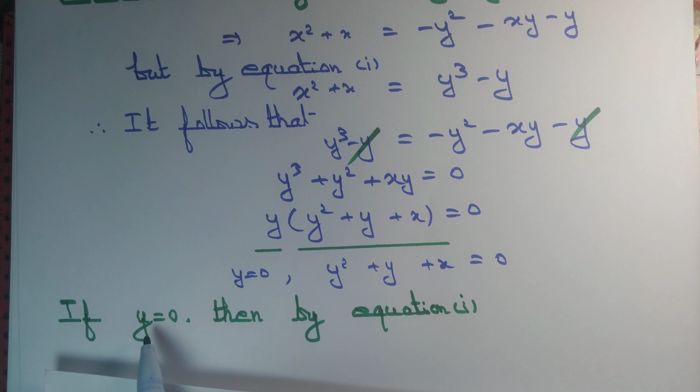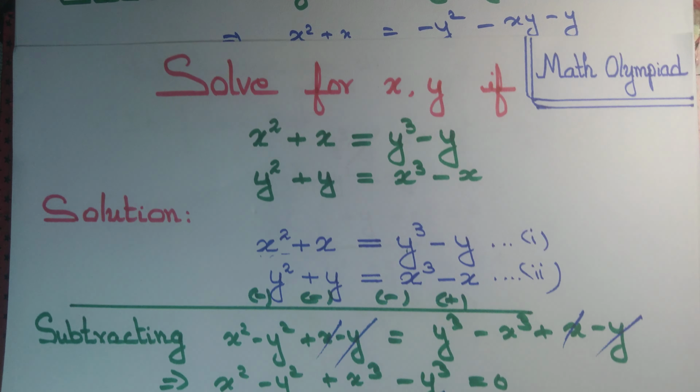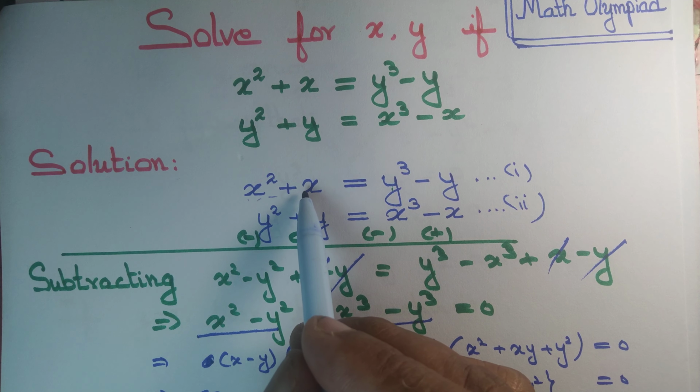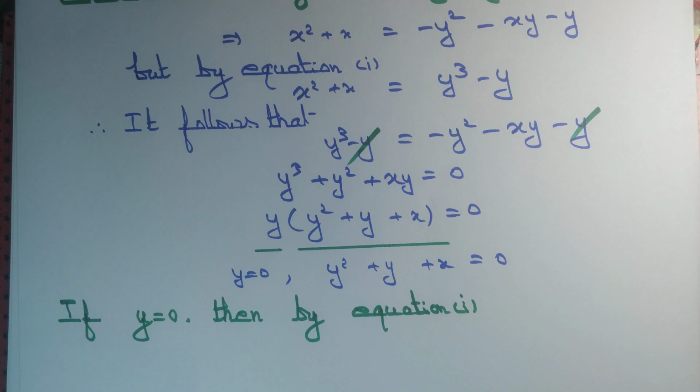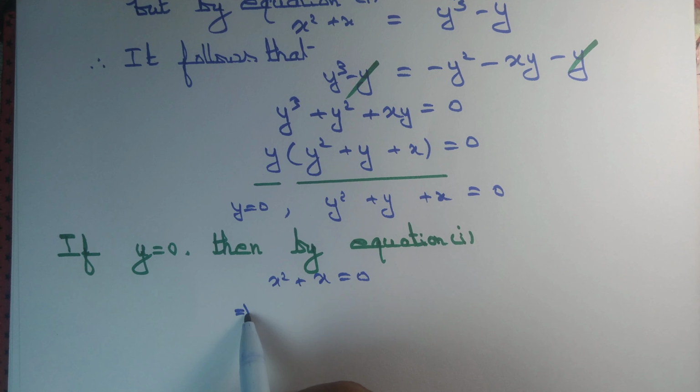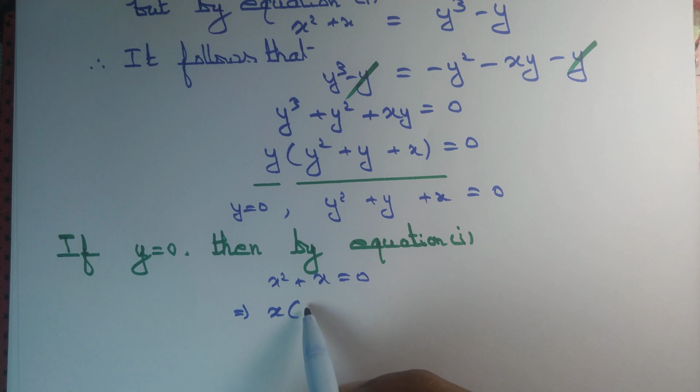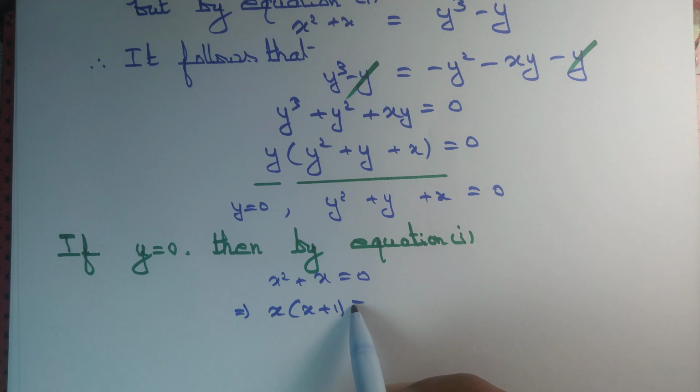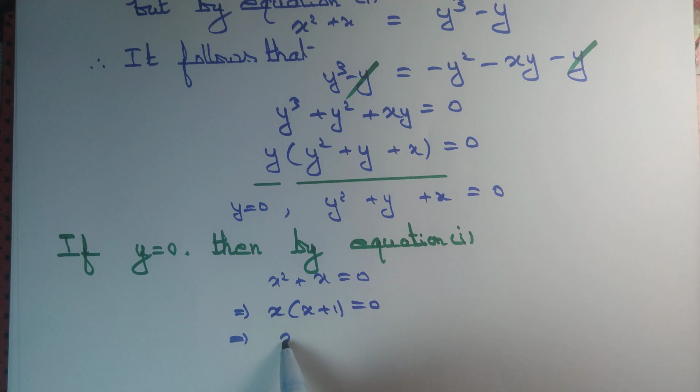If y equal to 0, then by equation 1, x square plus x must be equal to 0. Then of course we can factorize it. If I take x common, x into x plus 1 equal to 0. From there we conclude x equal to 0 comma minus 1.